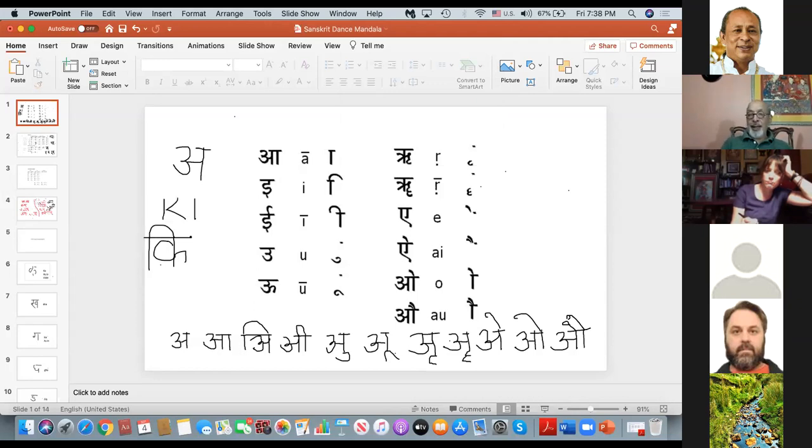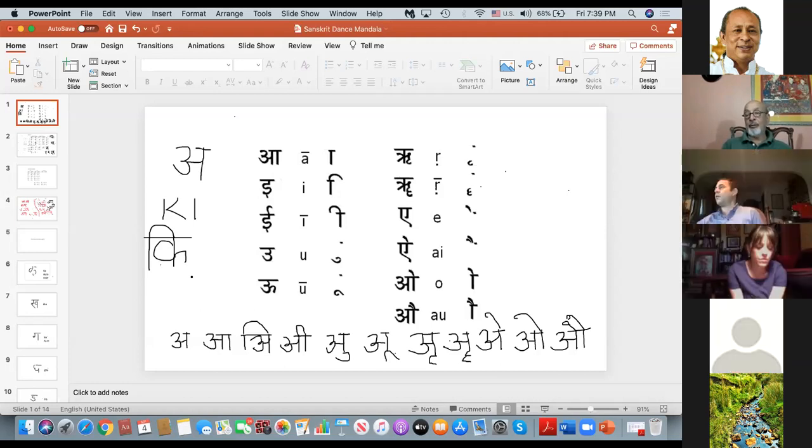This is E, but if you want to write it together with a consonant, then this is the way you use it. This pillar and the roof, I call it the pillar and the roof. This is K, and the pillar and the roof makes it E sound, key. This is the way key is written in Sanskrit. And this is why learning vowels is sometimes difficult.